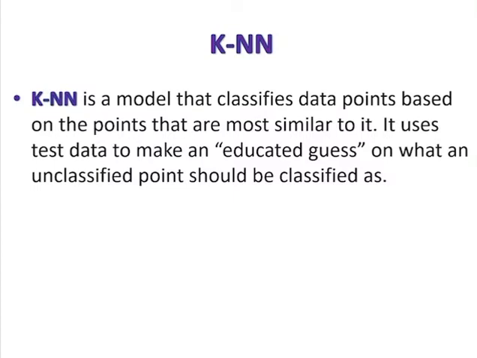Of course, I told you the other time that we use supervised learning to do classification. We also use supervised learning to do prediction. So today we are going to discuss the KNN, which is one of the supervised learning algorithms, and how it can be used as a classifier.